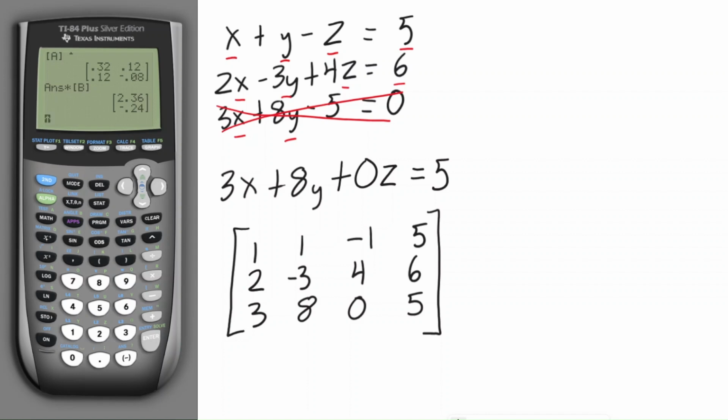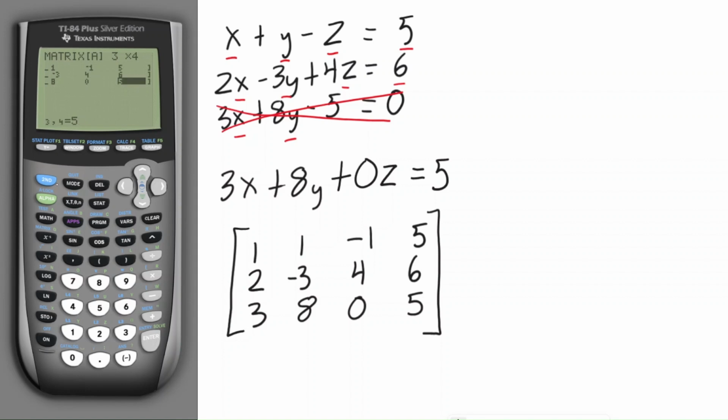So I'm going to go to second, matrix, edit, matrix A. This is now a 3 by 4 matrix because we have 3 rows and we have 4 columns. Let's see, we got 1, 1, -1, 5. This is the hardest part, is just typing it in. 2, -3, 4, 6, 3, 8, 0, and 5.